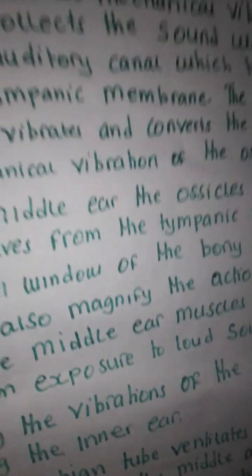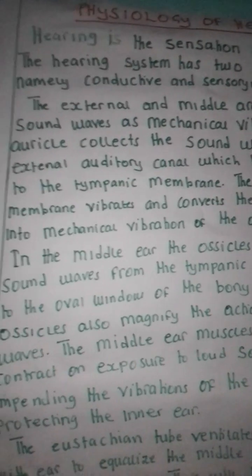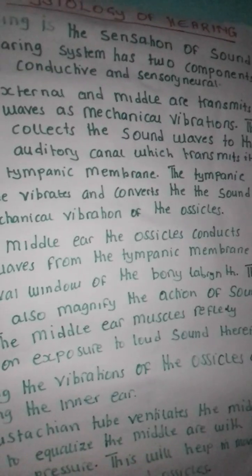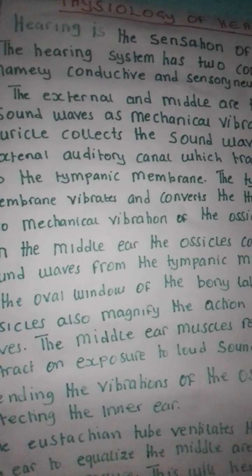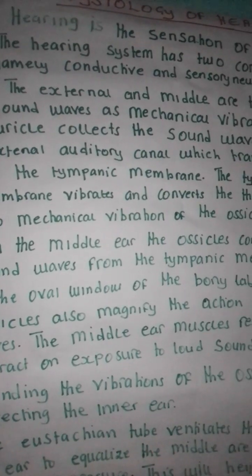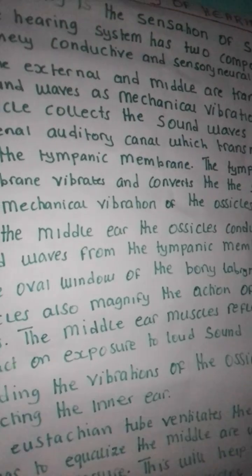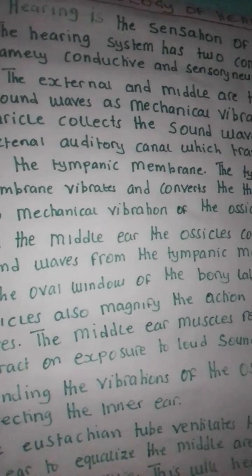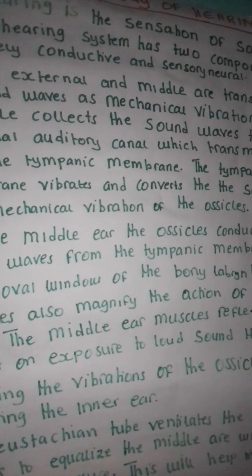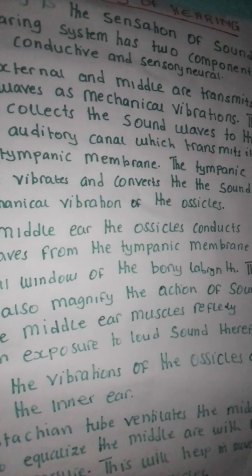So let's look at the physiology of hearing. So we are saying hearing is the sensation of sound. The hearing system has two components, namely conductive and sensory neural. The external and middle ear transmit the sound waves as mechanical vibrations.